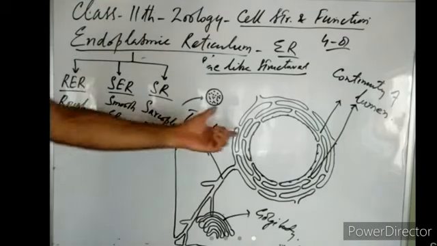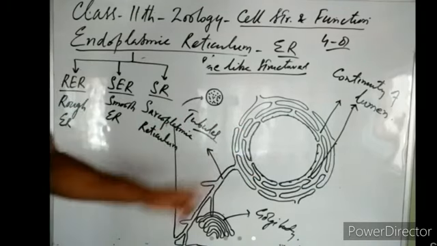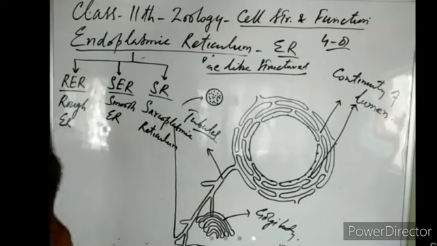So these are the three forms of endoplasmic reticulum. Which one of them is RER, which one is SER, and is sarcoplasmic reticulum visible here?